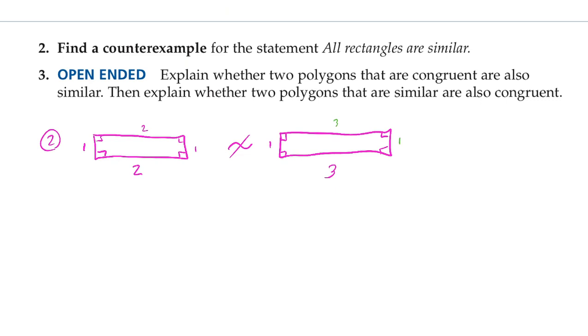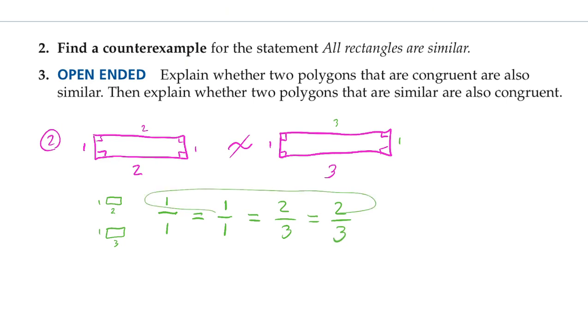So we would go small side of, let's do the 1 by 2 on top, just for clarity, and then the 1 by 3 on bottom. So I would go small side is to small side as small side is to small side as big side is to big side as big side is to big side. So this would be checking proportionality.